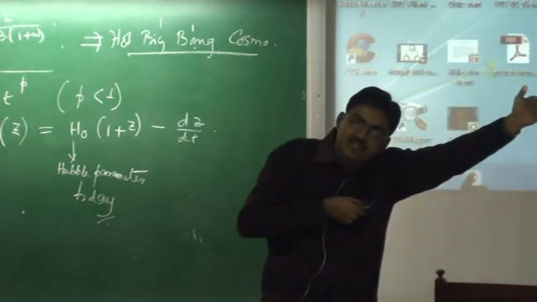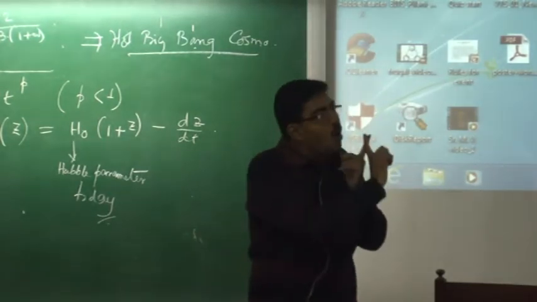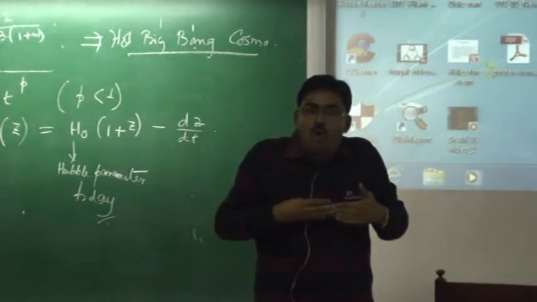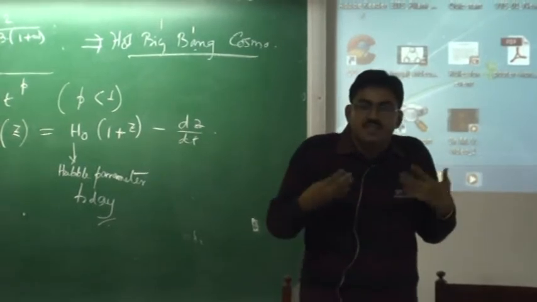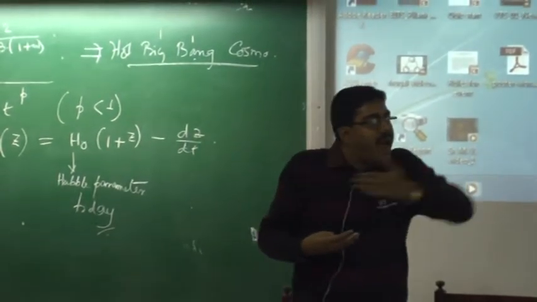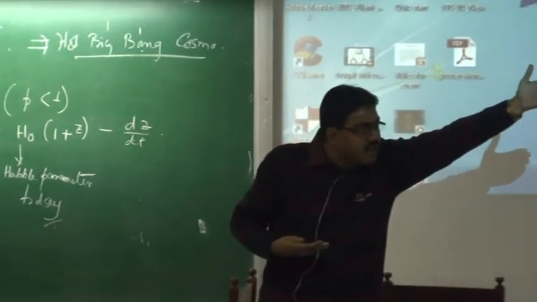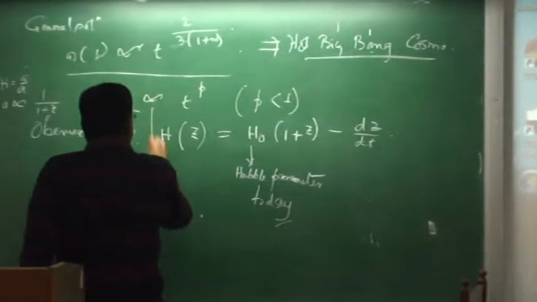So observationally we measure this quantity. And observationally we measure another thing, that is the values of all the cosmological parameters as of now. And then we use our system of equations to track it back in time and find out all those parameters at different eras.